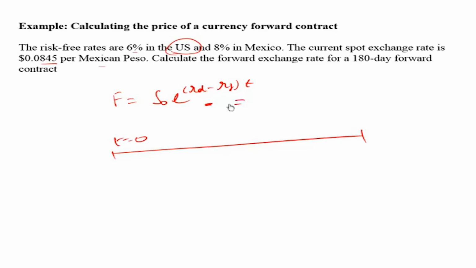So the spot price in this case is $0.0845 per Mexican peso into e raised to power the domestic risk-free rate, which is 6%, minus the foreign risk-free rate, that is 8%, into the time, that is 180 by 365.